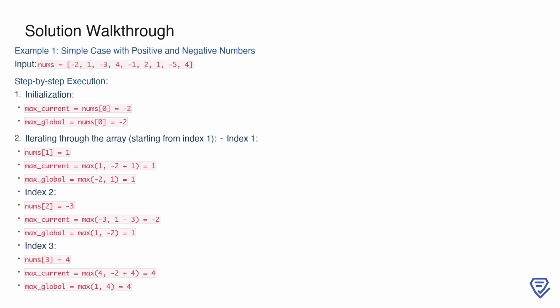For instance, at index 1, the number is 1. Adding it to -2 results in -1, but taking 1 alone gives a higher value, so max_current becomes 1, and max_global is updated to 1. This process is repeated for each index, updating the values accordingly to find the maximum subarray sum.